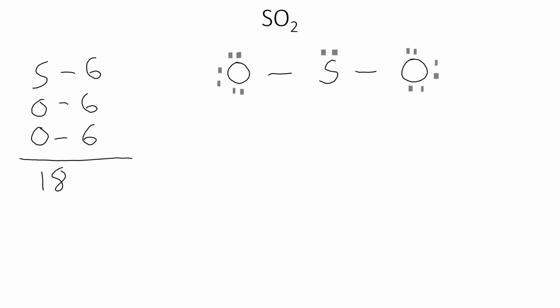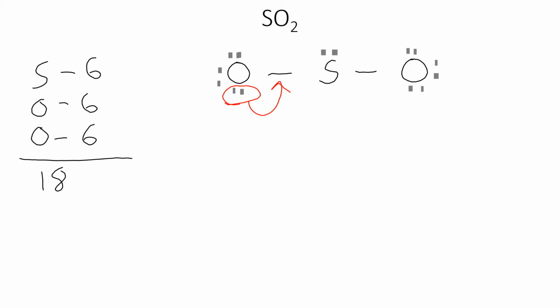So the way to fix this problem, to give sulfur its octet, is you have to look at one of the outer atoms, and you're going to take a lone pair from one of those outer atoms and move it in to make another bond with the central atom.